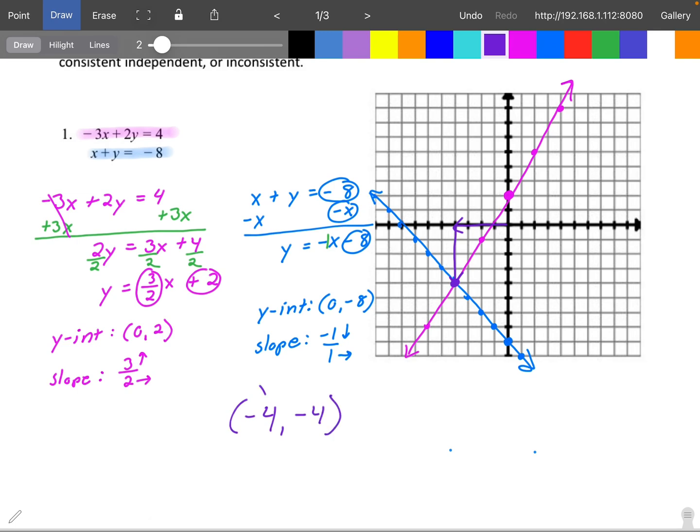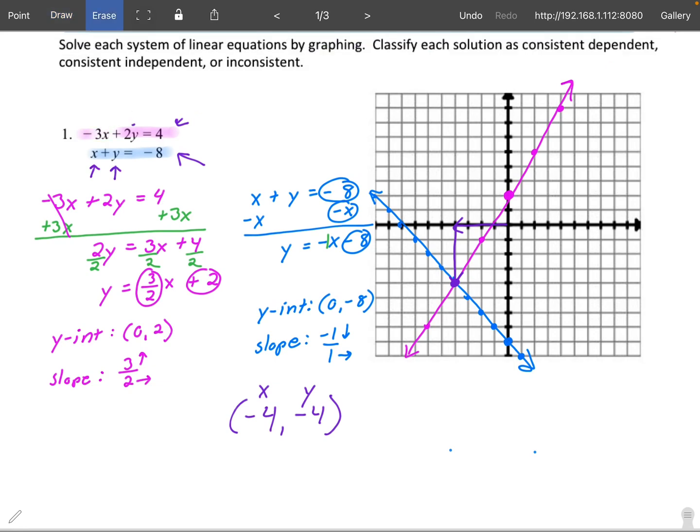Now what that means is that if you take your x value and your y value and you plug it back into either one of these equations, you should get a true statement. So if you plug in for x and y here and you do your math, you should get 4. If you plug in your x and your y here and you do the math, you should get -8. So that's what your solution is.